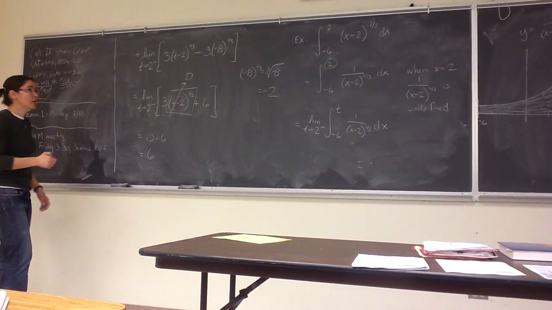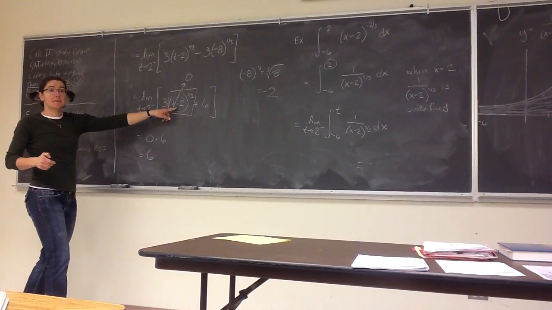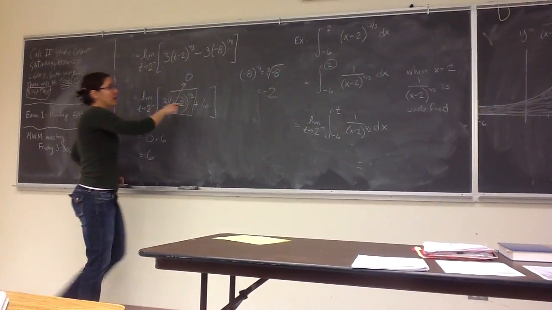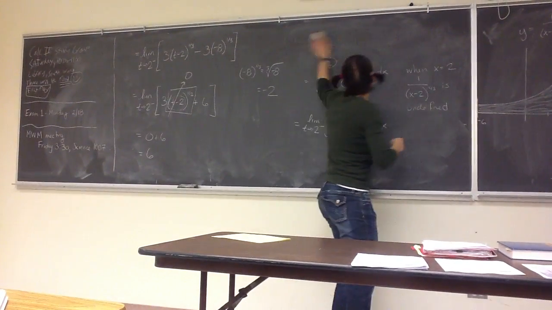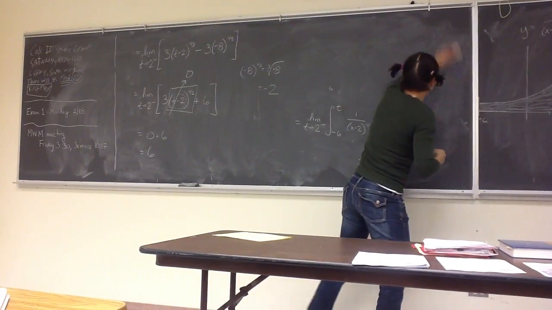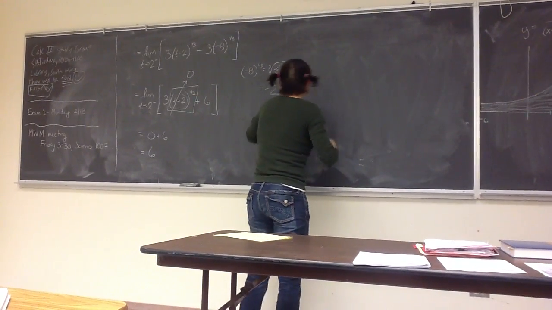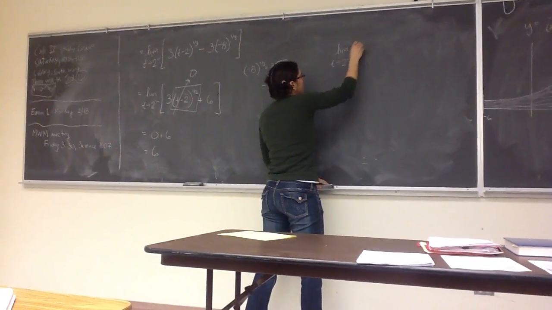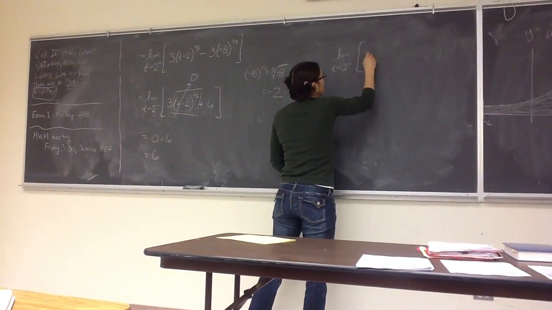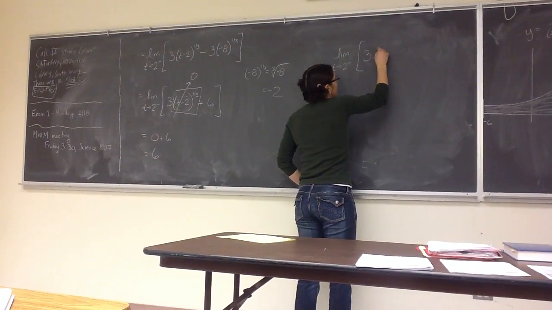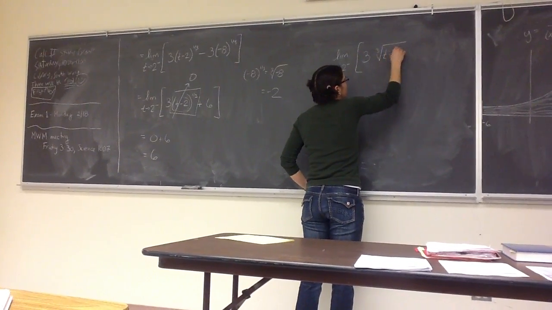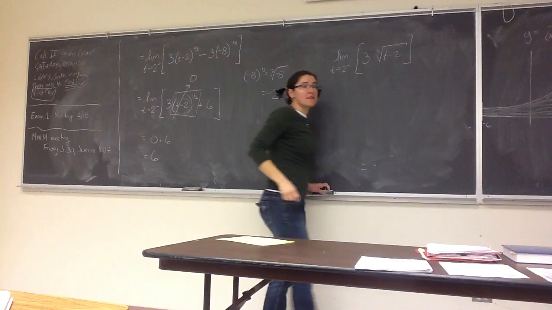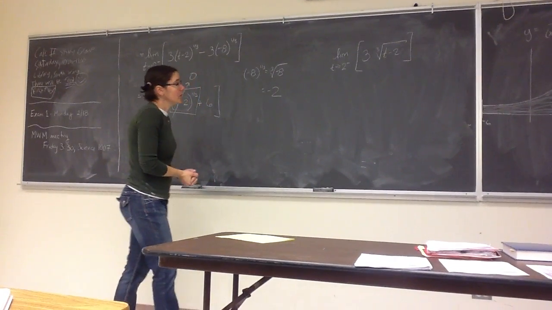I'm sorry, could you explain that, how you got 0 there? So what I'm looking at here is the limit as t approaches 2 from the left of 3 times, and I'm going to write this as the cubed root of t minus 2. That's the same as t minus 2 to the 1/3.